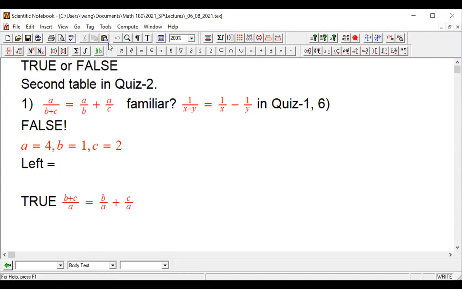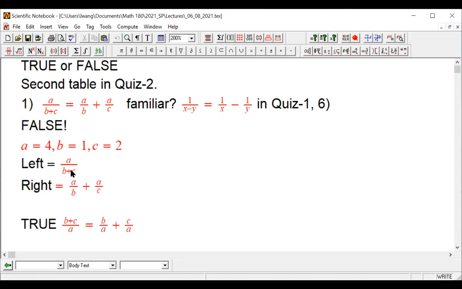I'm still going to set up the left and right. So A is 4, B is 1, C is 2.